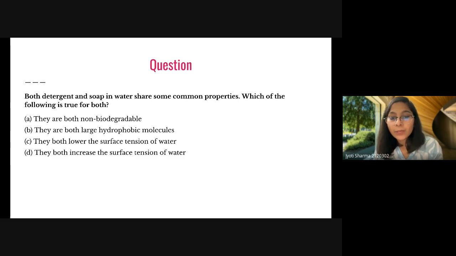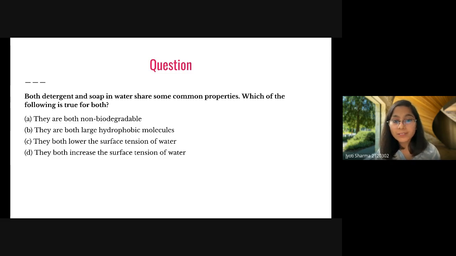Right now, we have some changes, they both are now biodegradable. They are both large hydrophobic molecules. As I told you, here is the concept of micelles. So we have one head and tail. Head will give you, let's say, hydrophilic, and tail will give you the hydrophobic. So no, this is again not the right answer.